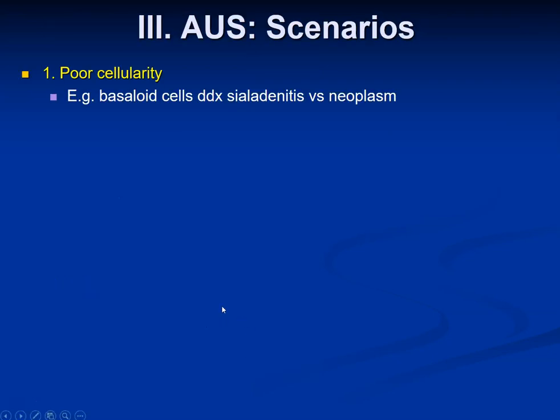So some scenarios, if there is poor cellularity, for example, there are some basaloid cells, but it's difficult to know whether these are native basaloid cells, for example, ductal cells, and we can't really tell whether it's sialadenitis or an actual basaloid neoplasm.